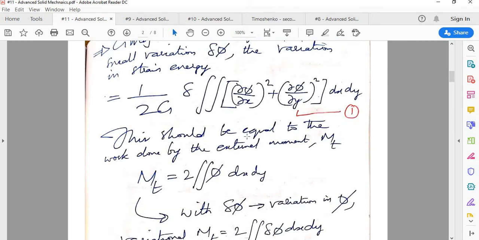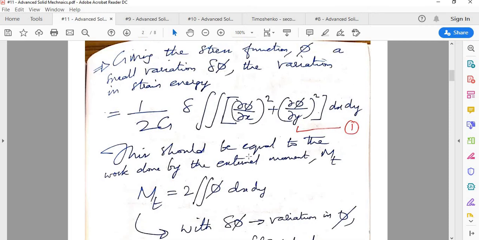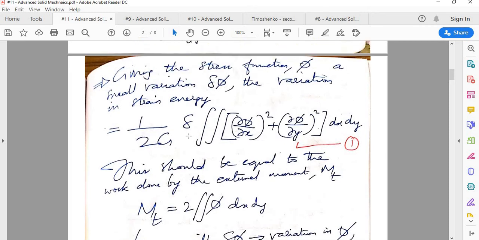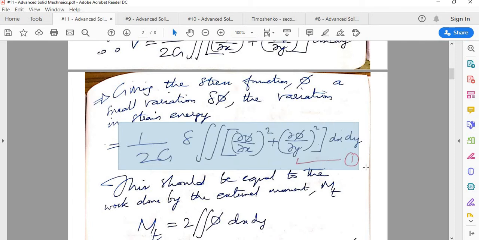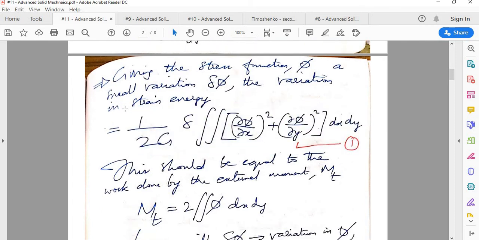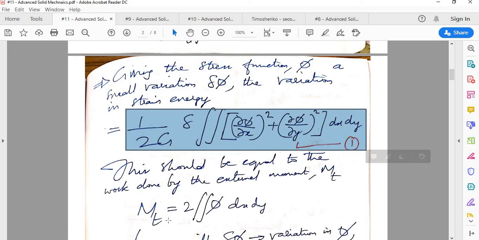Now you might have again studied the concept that the change in strain energy is equal to the external work done, and things like that, right? So we'll use the same principle. This is the variation in strain energy, so it should be equal to the change in external work done.